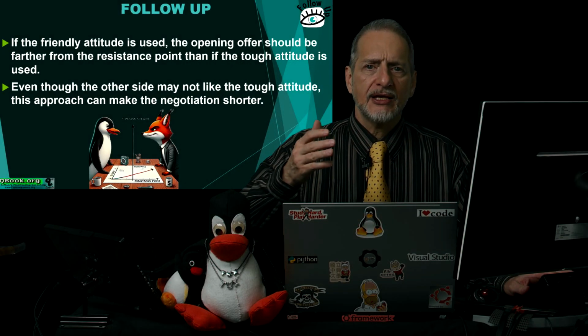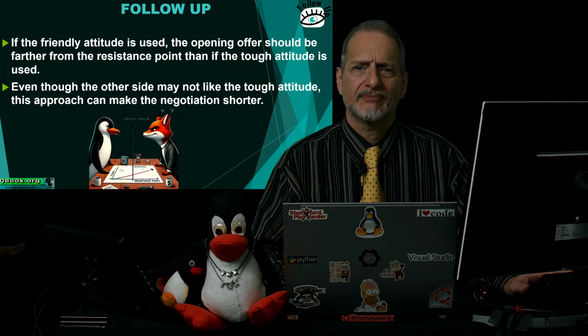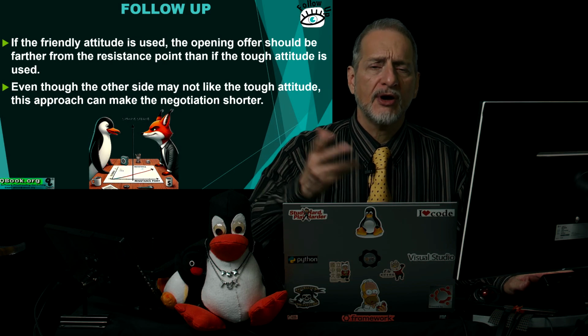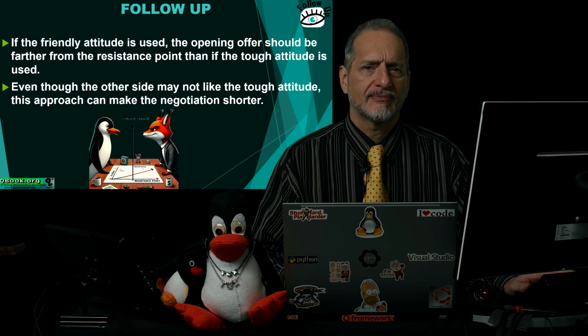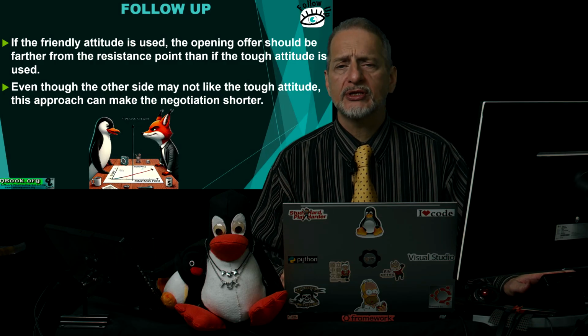You're trying to be friendly. Okay, I'll give you something. I'll give up something. This makes the other side think that you're being cooperative. You're cooperating, so you give up more. This can help the negotiation conclude sooner.